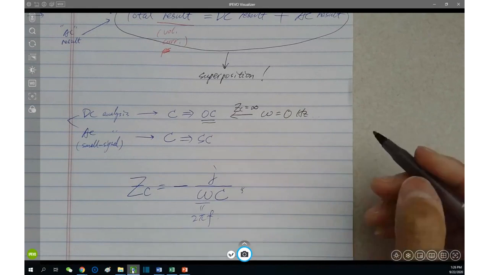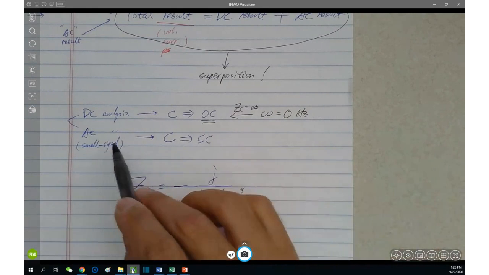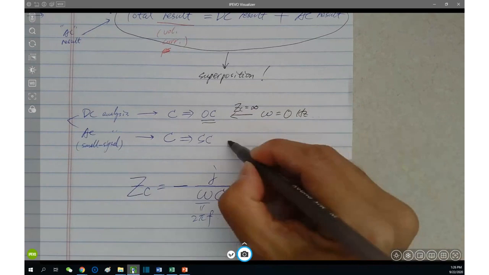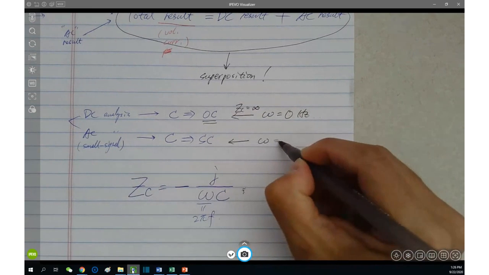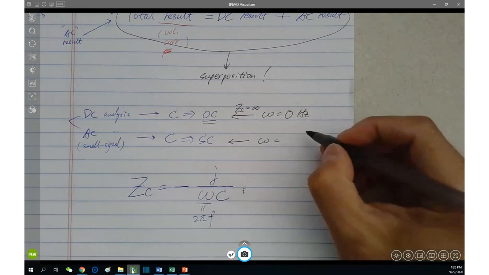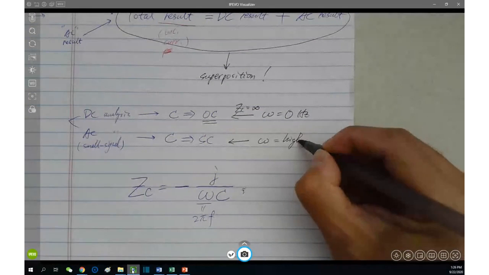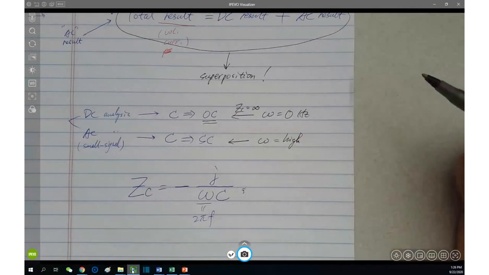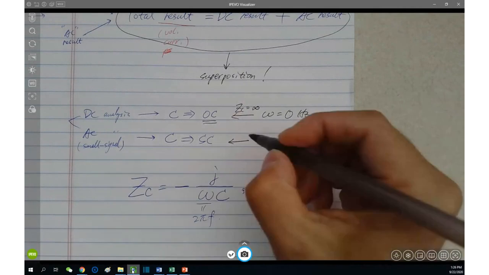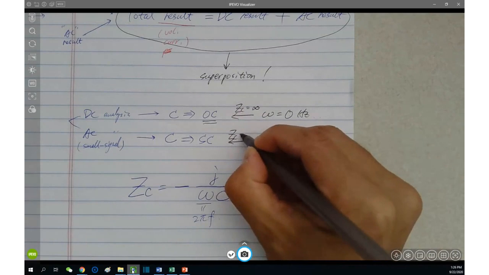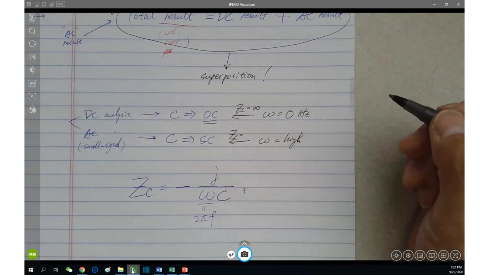Same thing in the small signal analysis. We are thinking of the frequency again. Frequency is high. It's obviously not infinity, however, it's high. Then what is the impedance? Low, right?